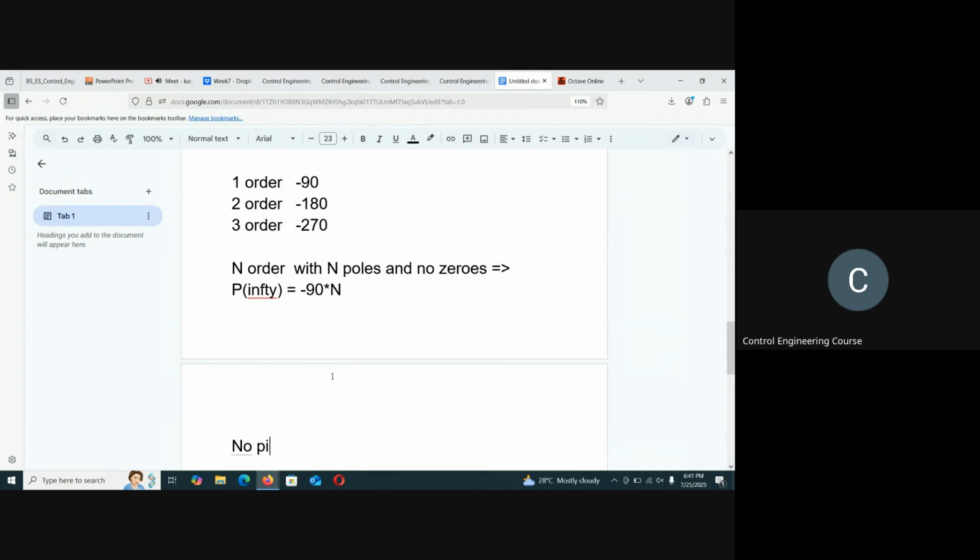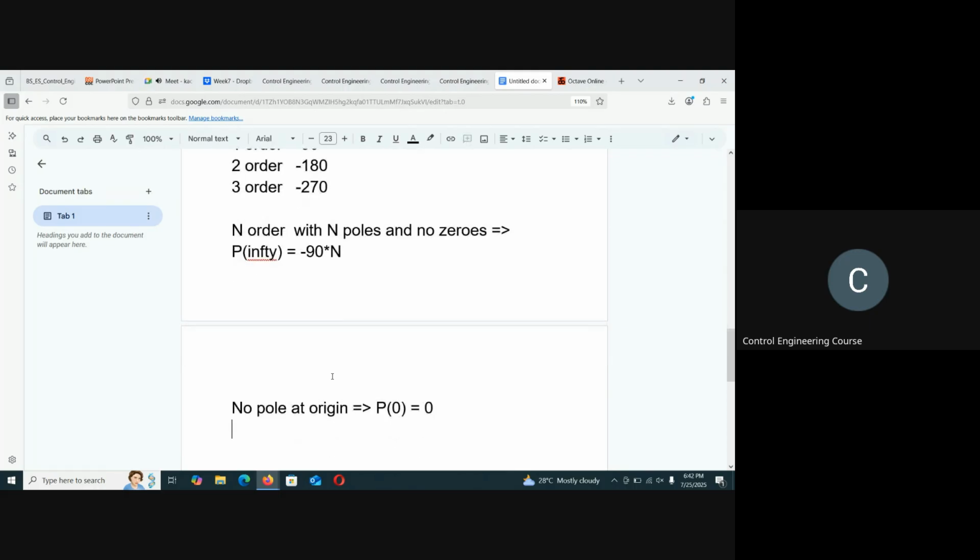If there is no pole at the origin, then the phase starts at 0. If there is one pole at the origin, the phase starts at minus 90.